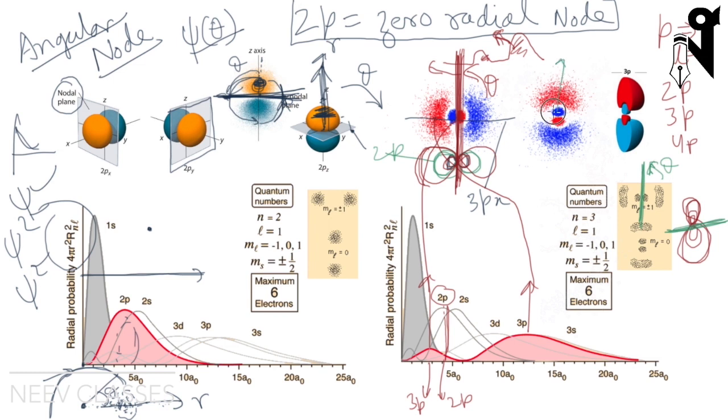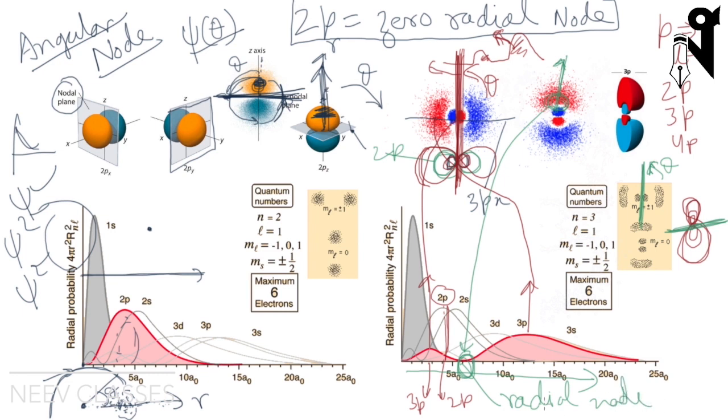Along the radius I go up. So discounting the nucleus, where do I find no probability of getting it? I have a white region over here where there is no probability. So that white region is this. When you go along the radius, this region has no probability, that's your radial node.